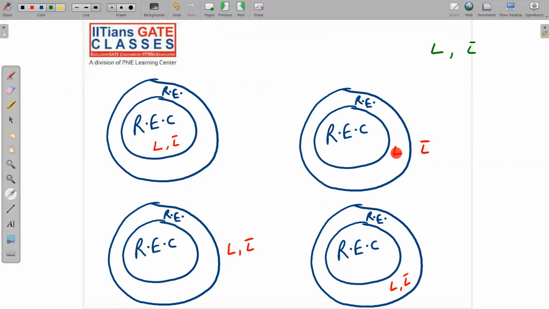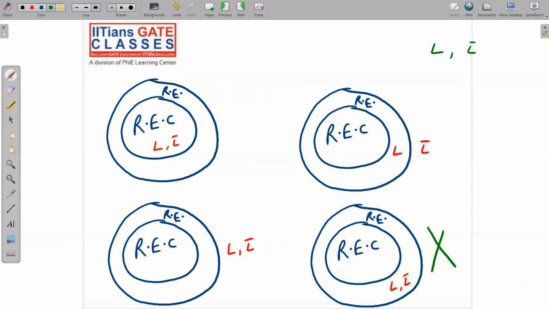One can be here: if L is RE but not REC, then L can be here and L complement should be outside. Next, both can be outside. But this scenario, both inside, is not at all possible. Please try to remember this. This is a very important theorem.